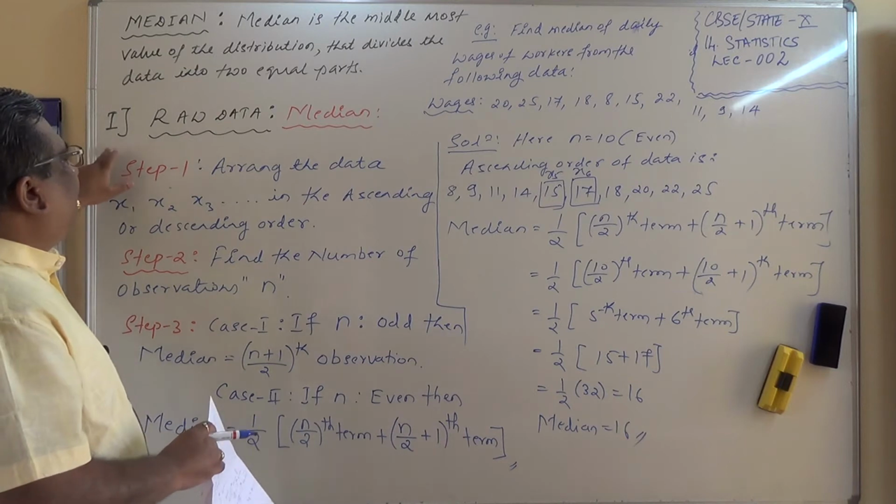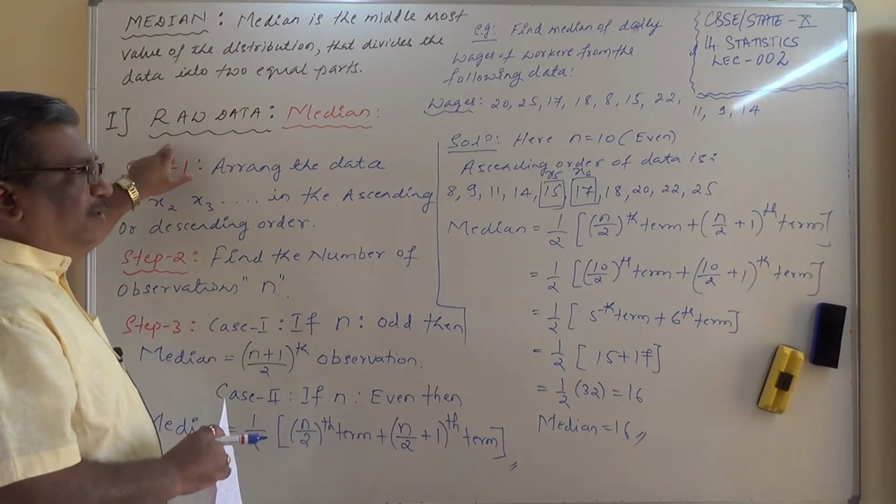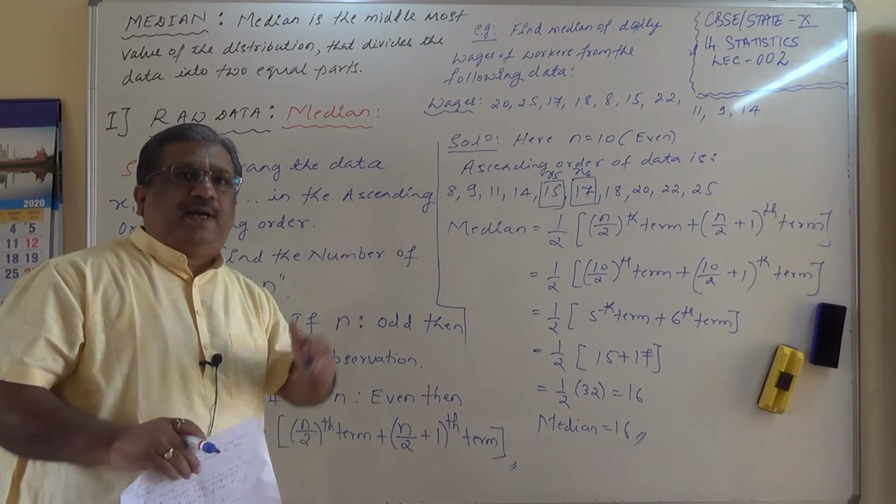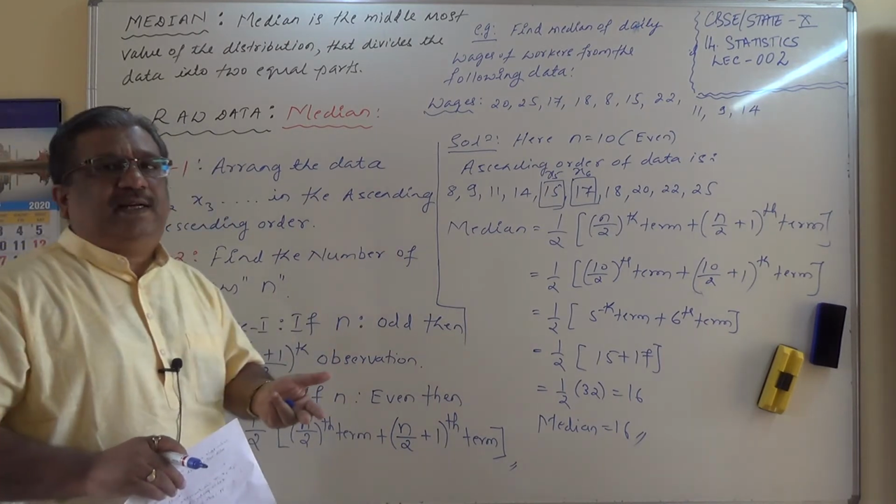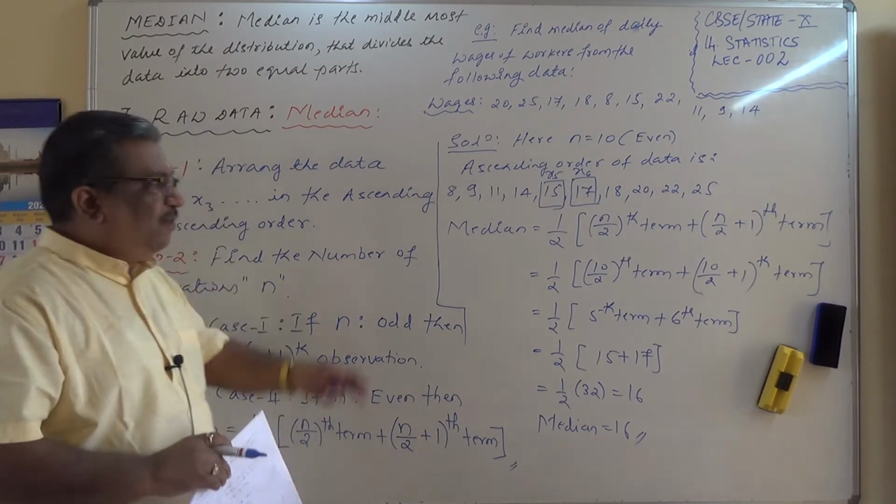Now after this, we will go to the tabulated data, that is, how to calculate the median for a discrete frequency distribution table. So make a note of all these things.